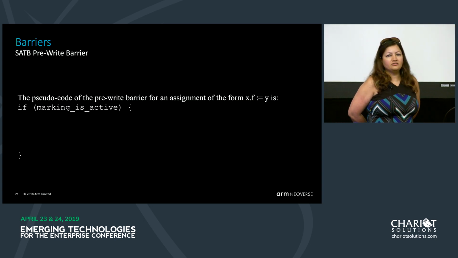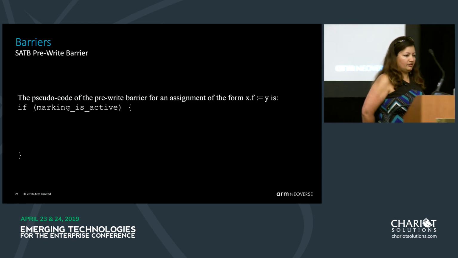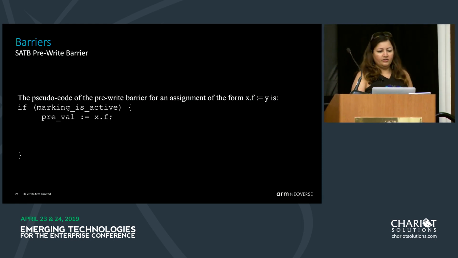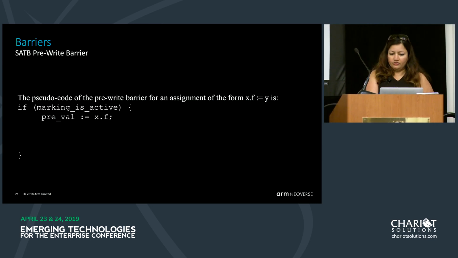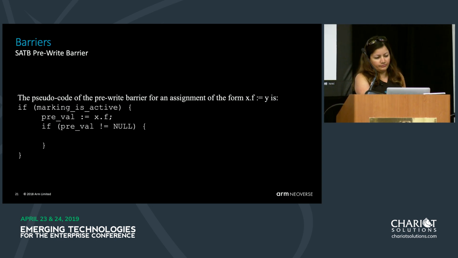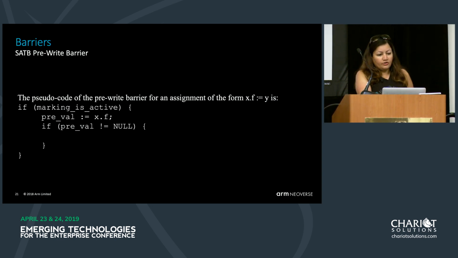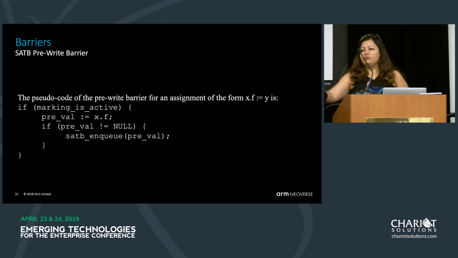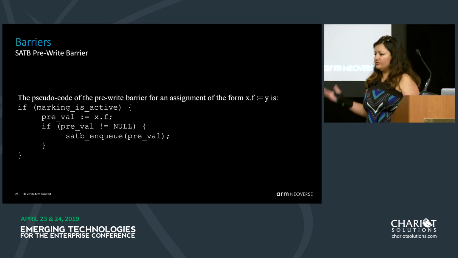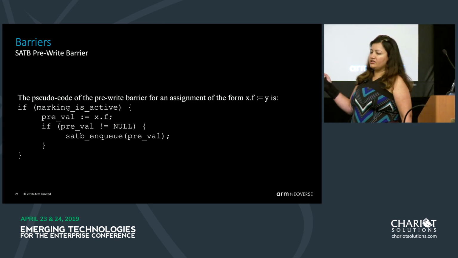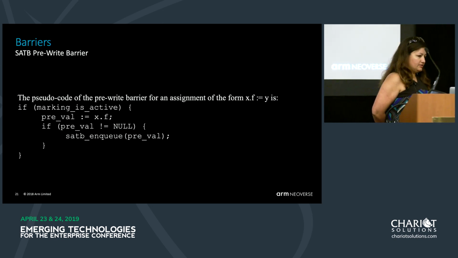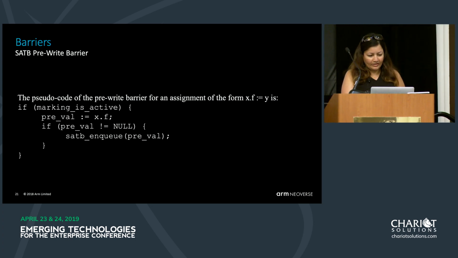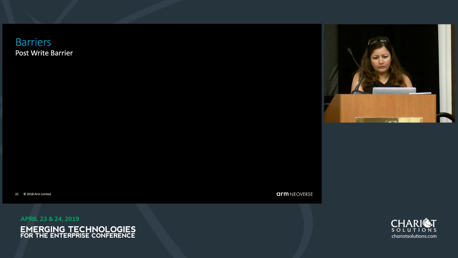So if marking is active, then the previous value of x.f is stored in the previous value register. If it's not null, then you enqueue it into the SATB log queue. And that's as simple as that. Again, to read more about it, please refer to the book.